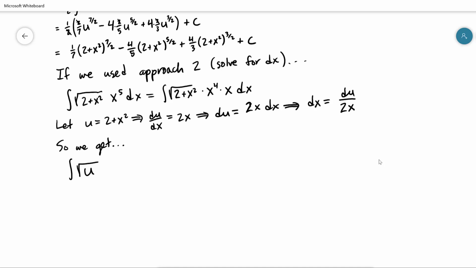We've still got this x to the 4th, and I've also got an x, and now I've replaced dx with du over 2x. And we try to cancel this with this, and this has given us an extra factor of 1/2 that winds up out in front of everything. We wind up with the square root of u, x to the 4th, du, by doing this cancellation.